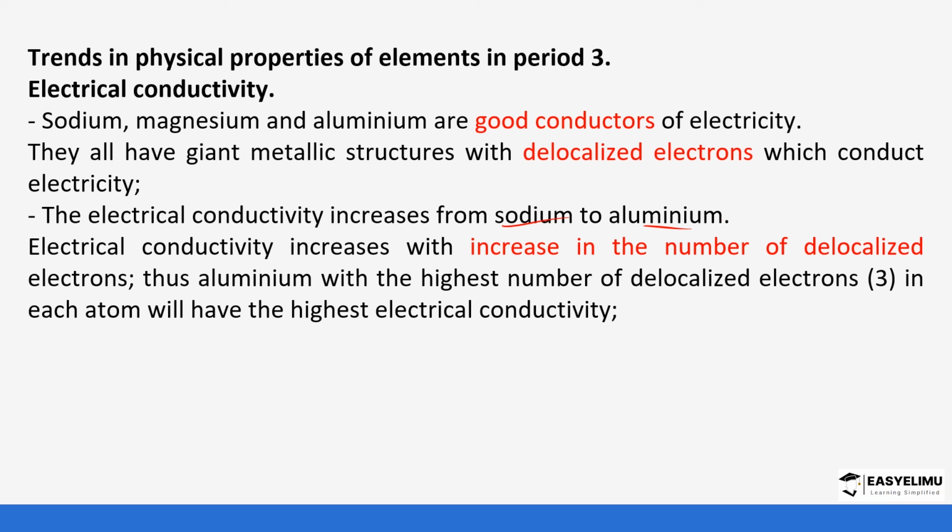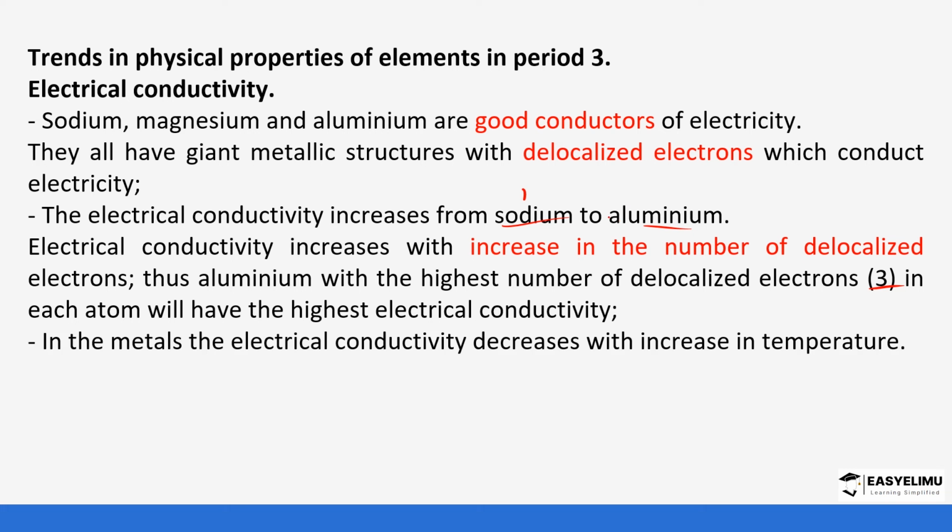The reason why conductivity increases from sodium to aluminium is because there is an increase in delocalized electrons. So aluminium has the highest number of delocalized electrons, which are 3. Then sodium has 1 delocalized electron. Magnesium has 2 delocalized electrons. So you notice, yes, they can conduct electricity, but aluminium is the best amongst the 3. When you are asked this question, be specific on the number of delocalized electrons.